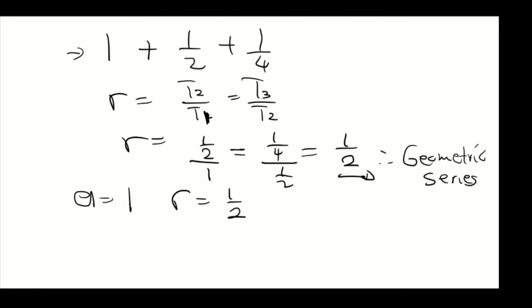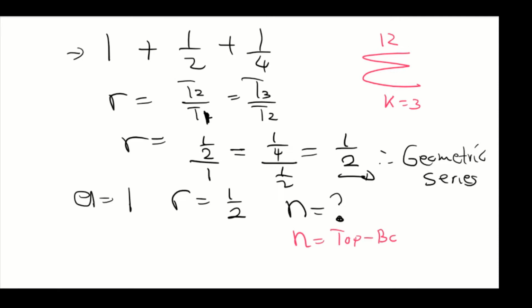But before we do that, we need to identify the number of terms of this sequence. Remember that the sum we were given initially in the problem went to the power 12 when k is equal to 3. So to find the number of terms, we say n is equal to top minus bottom plus 1.